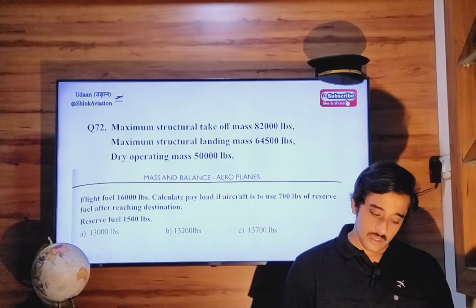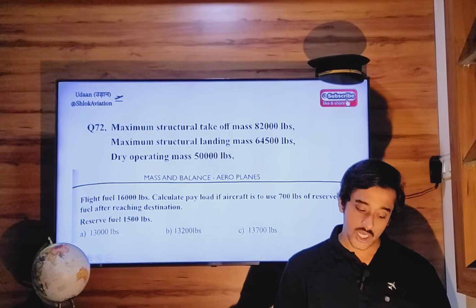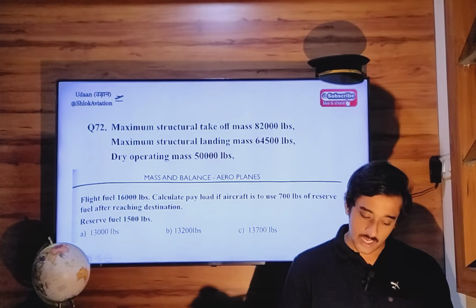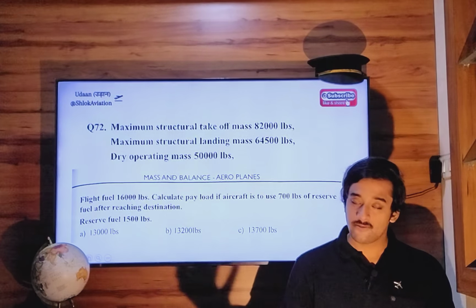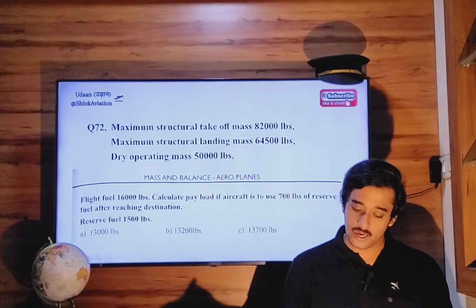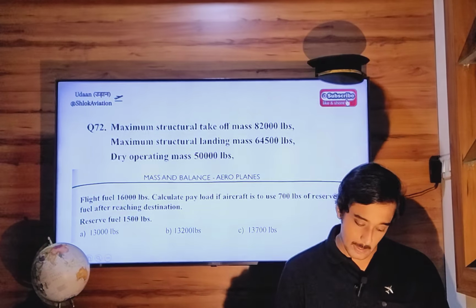Next, maximum structural takeoff mass 82,000 pounds, structural landing mass 64,500 pounds, DOM 50,000. Fuel or flight fuel or trip fuel is 16,000. Calculate payload if aircraft is to use 700 pounds of reserve fuel after reaching destination. Okay.